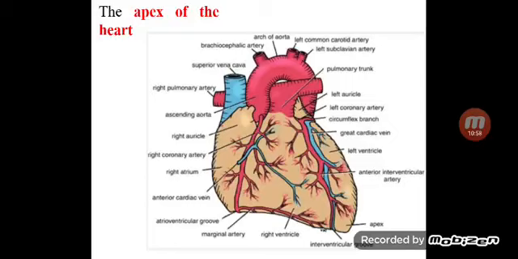In this region you can recognize the apex beat. You will look for the apex beat here in the left 5th intercostal space, 9 centimeters from the midline.